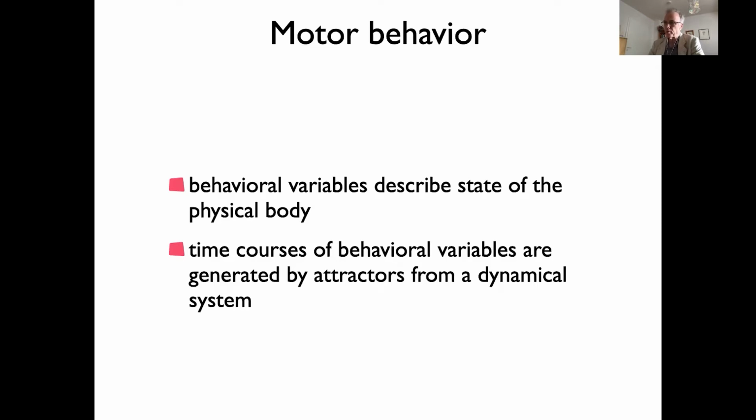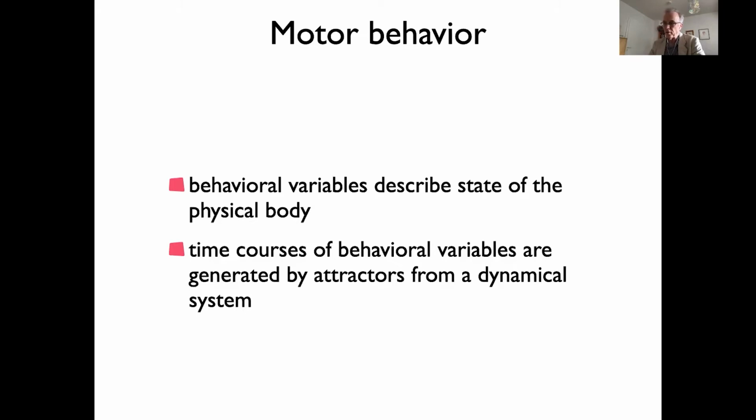And behavioral variables means that there are variables, the values of which, or time courses of which, correspond to particular movement behaviors. And this correspond to means that the physical control system, for instance, the muscles or whatever the actuator is, is wired up to these variables such that then physically the behavior comes about. And you'll see that very concretely in a moment.